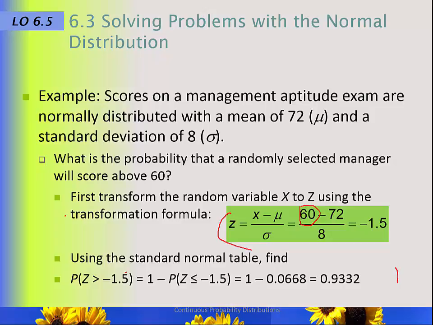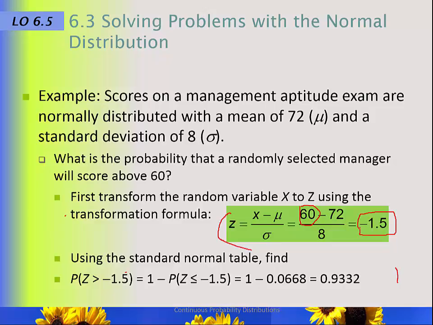We want to know the probability that someone would score a 60 or greater on the test. So we take 60, we subtract 72 from it, because that's the mean, and we're following our formula here, and we divide by the standard deviation, which is 8. So we get negative 1.5, which means we're on the left side of our normal distribution, and we're about 1.5 standard deviations below the mean.